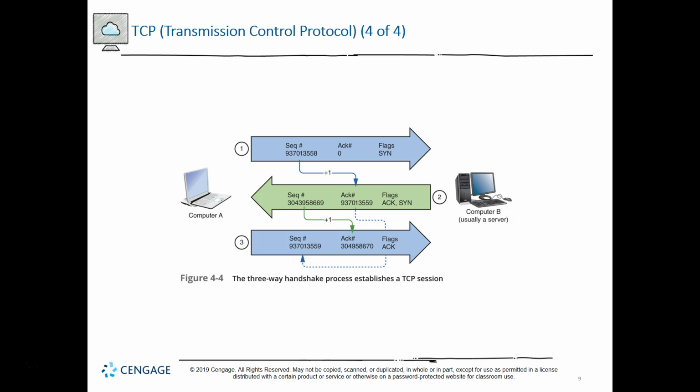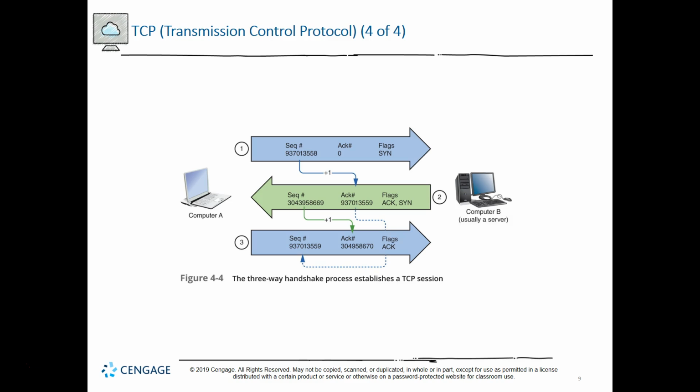It's called the 3-way handshake. Computer A says, I want to send data to you. Computer B says, I got that message, and I want to send data to you. And computer A says, I'm going to acknowledge that. Every message we send has to have an acknowledgement.